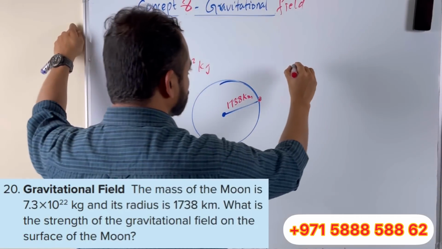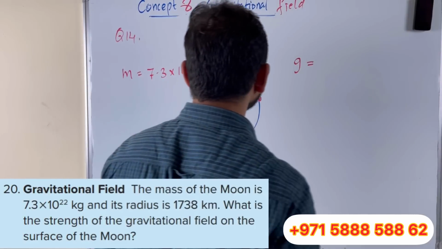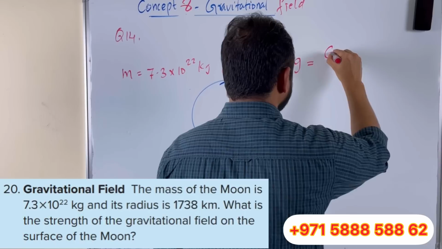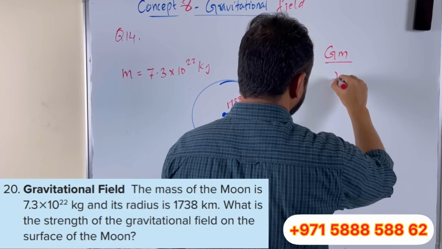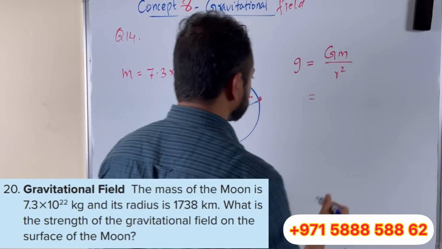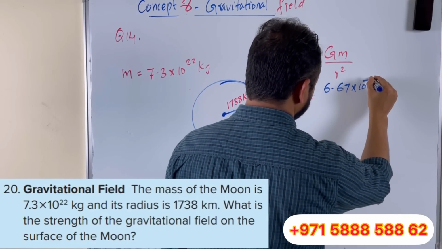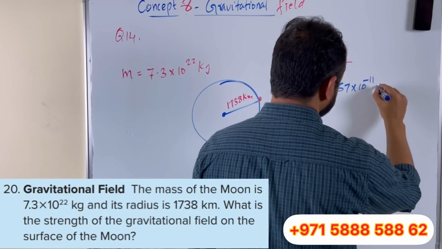So we have this equation, right? Gravitational field g equals G m divided by r squared, where G is 6.67 times 10 to the power negative 11, times this mass.